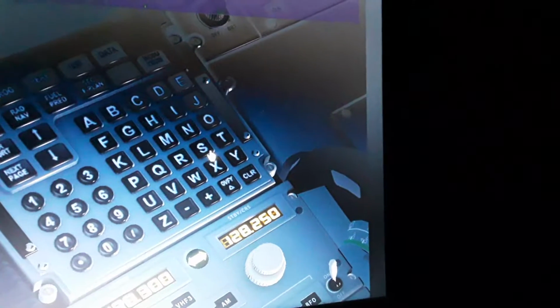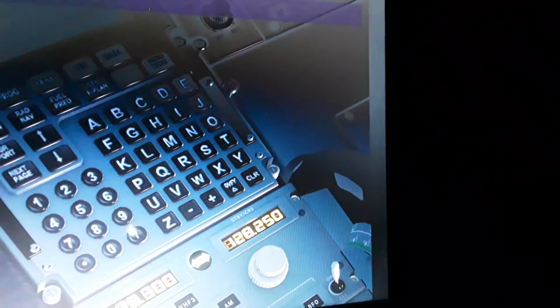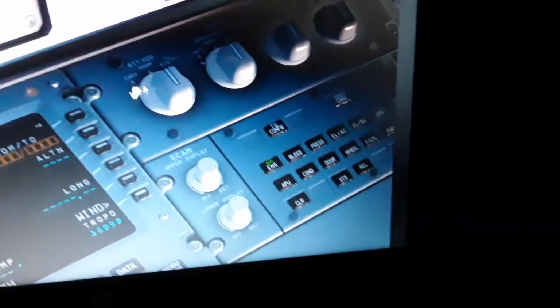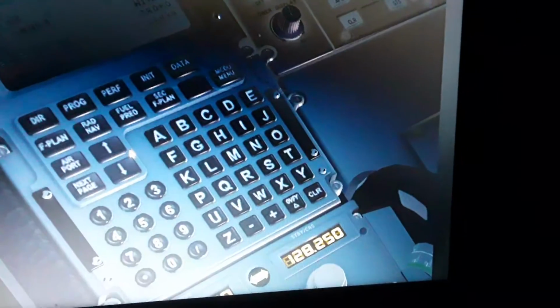So I'm gonna just set the flight plan. LSZH back to LSZH. This is the departure and arrival airport, from Zurich International back to Zurich International.